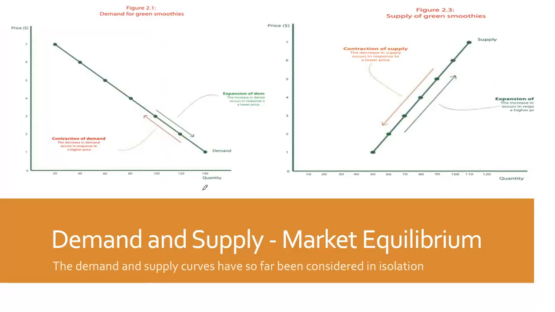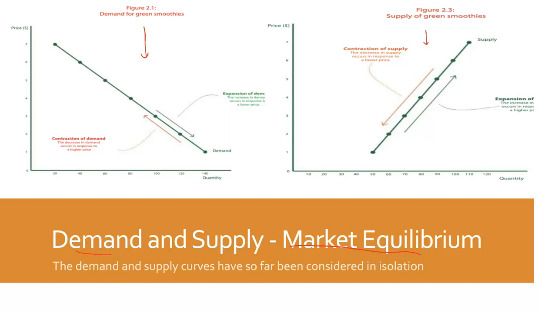Now, what do I mean by equilibrium or market equilibrium? This allows us to consider the demand curve, which is here, and you can see that it is declining, and then our supply curve here, which is inclining.